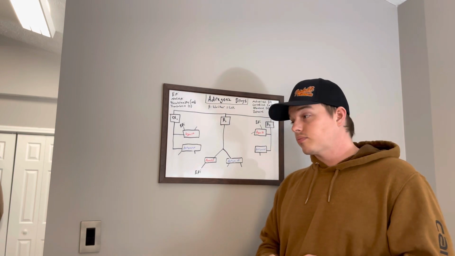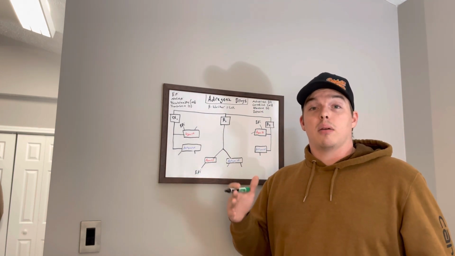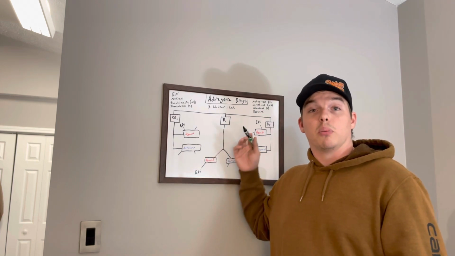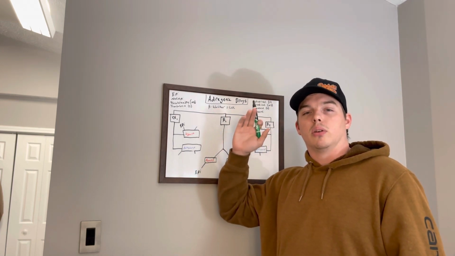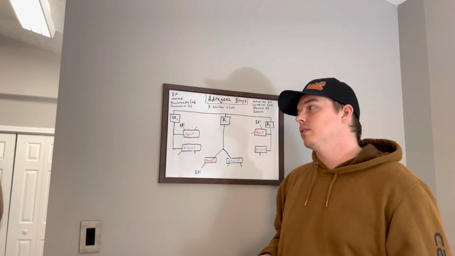And so you can recognize that a beta 1 blocker is lowering the blood pressure and the heart rate in particular.